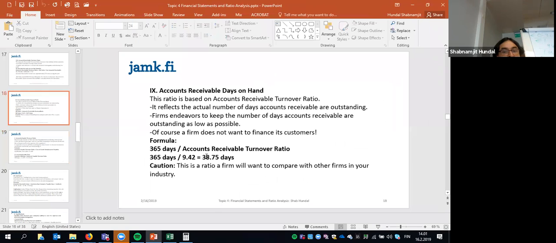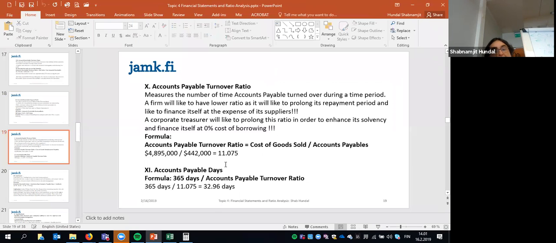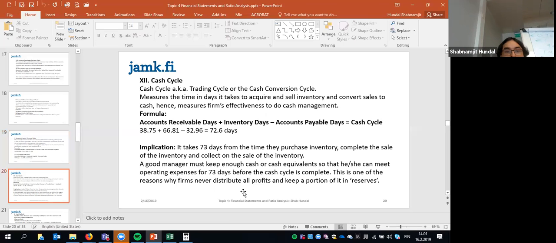So the interpretation is that here, your customer makes you wait for 39 days and you make your supplier wait for 33 days, right? And not only this, we also have to consider the inventory turnover days, because you bought the inventory as well. And this is the cash cycle overall.